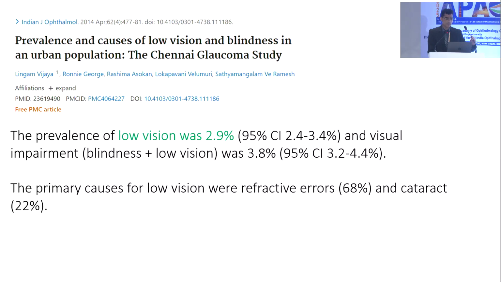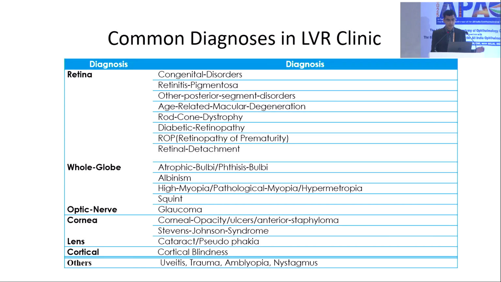As far as the prevalence and causes of low vision in India is concerned, according to a study done in the southern part, low vision was 2.9%, and the primary causes were refractive errors, mainly in children, and cataract in adults. These are some common diagnoses which we see, perhaps a common scenario in the southern part of India as well.